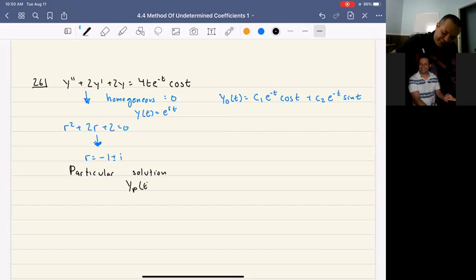y sub p of t is going to be, now we're looking at the form on page 178.